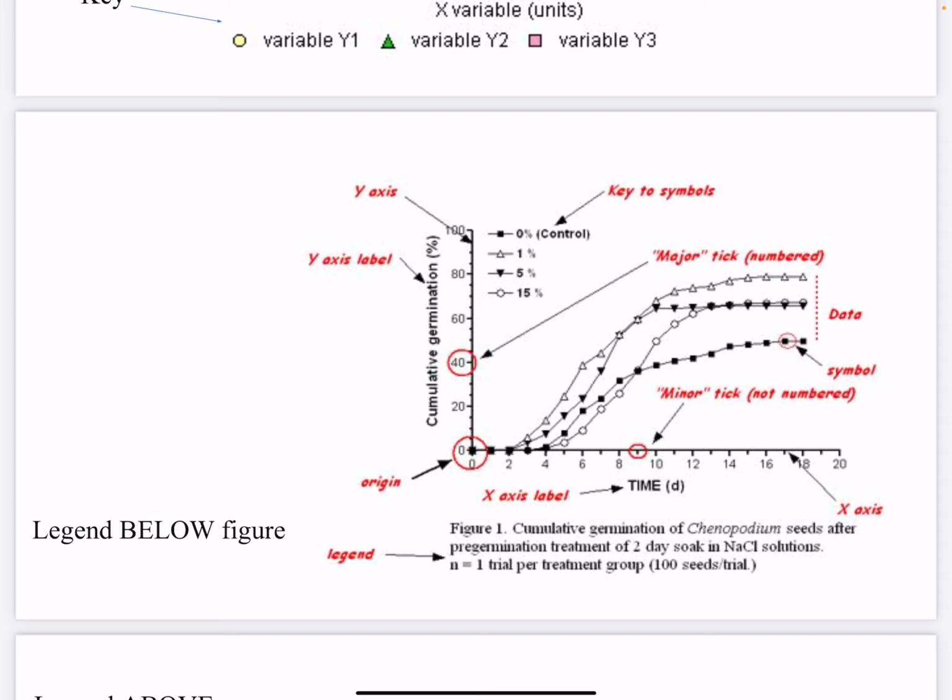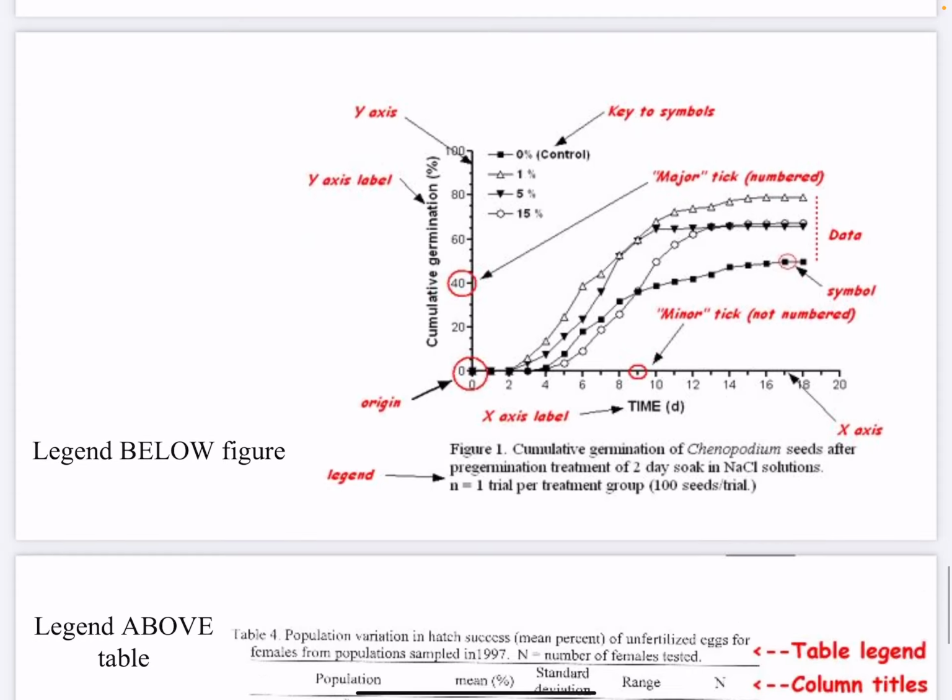Generally, that first sentence of the legend is the title of the figure, and it's very plain and simple. As you can see, the first sentence is cumulative germination of seeds after pre-germination treatment of 2-day soak in sodium chloride solutions. So it's just stating what exactly we're looking at on the figure.